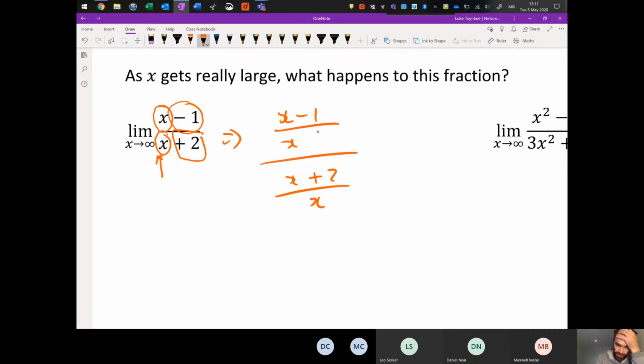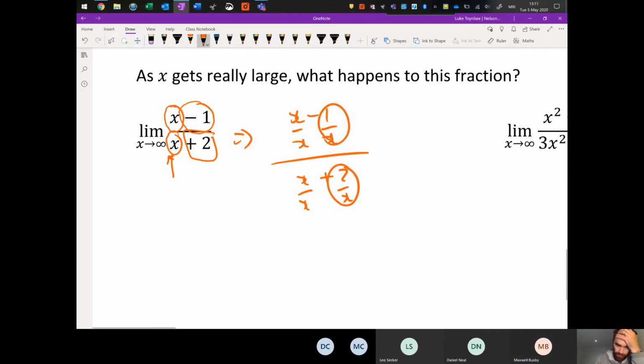This turns into two separate fractions where I'm dividing by x, eh? Yes. And this part here is 0, isn't it, when x gets closer and closer to infinity? Yes. So this is 1, and this is 1. That leaves me with 1 over 1, which is 1.